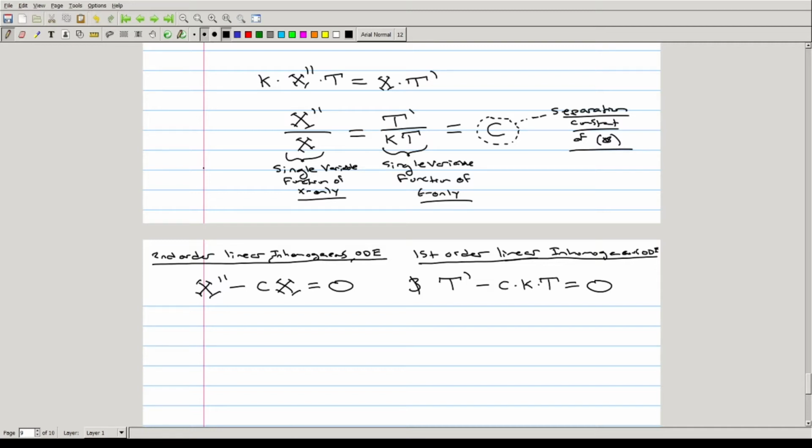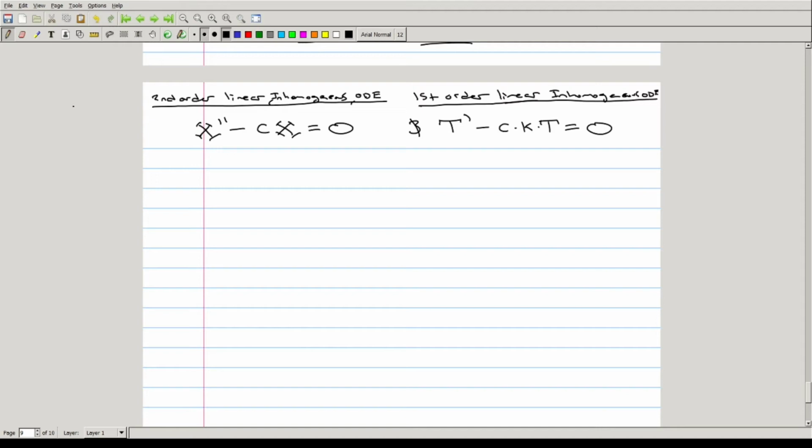So what we've essentially done is taken our partial differential equation and converted it, for a separable solution, into two ordinary differential equations, which should be more familiar to solve. And this is really the heart of this method.